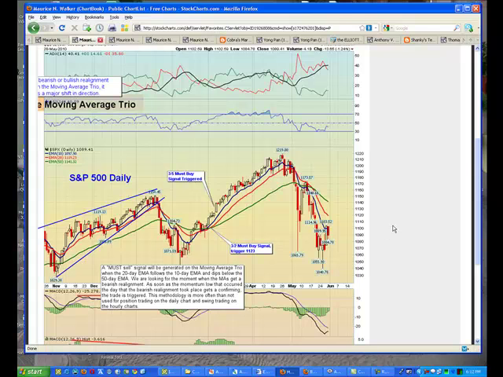On the dailies, we're looking like we've got a hook right here, like we're wanting to turn back up. The same thing happened right here. So if you draw a line from this lower histogram tower bar up to this one that's a little bit higher, this is called a positive divergence.